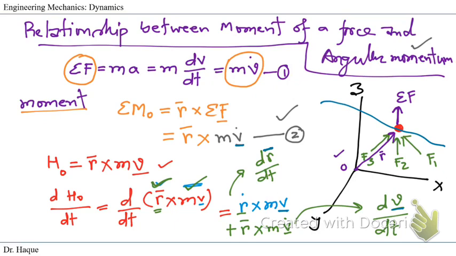So this is our derivative of angular momentum, which is r dot cross product with mv plus r cross product with mv dot. So we need to work a little bit on that. Again, we had from the previous slide the first derivative of our angular momentum.